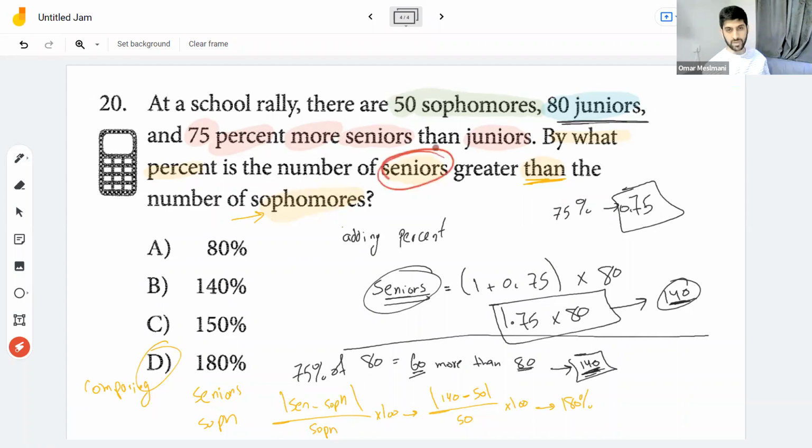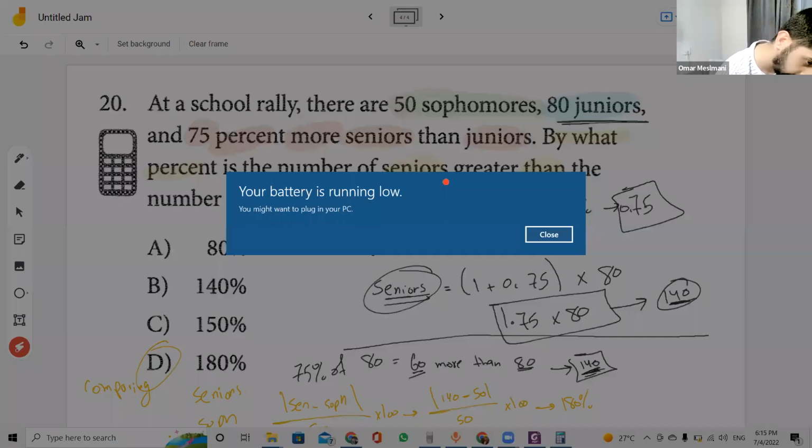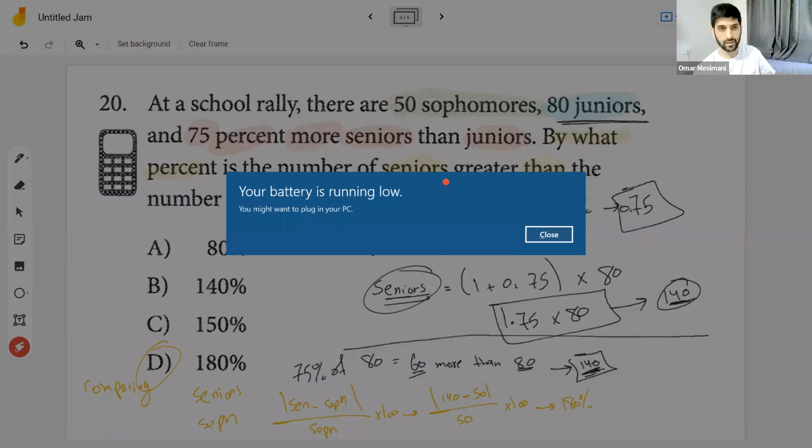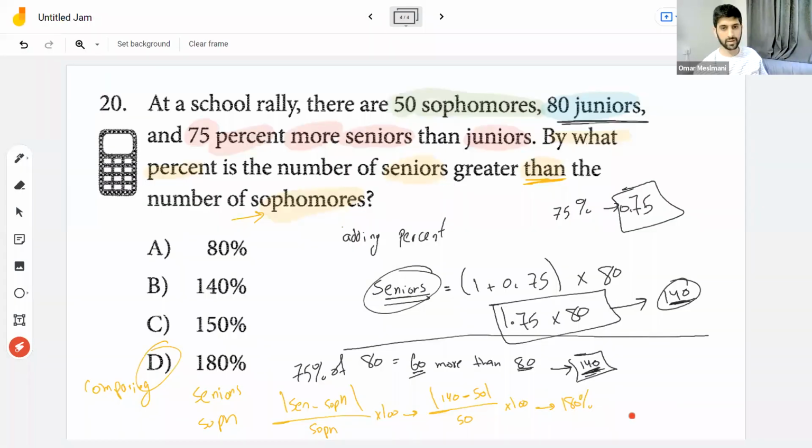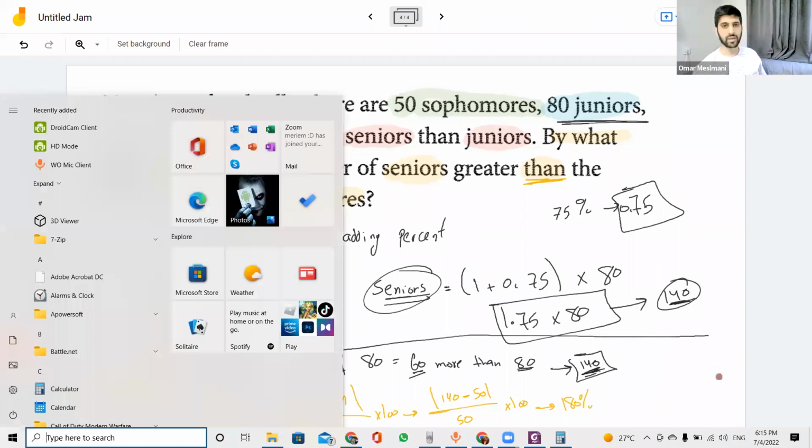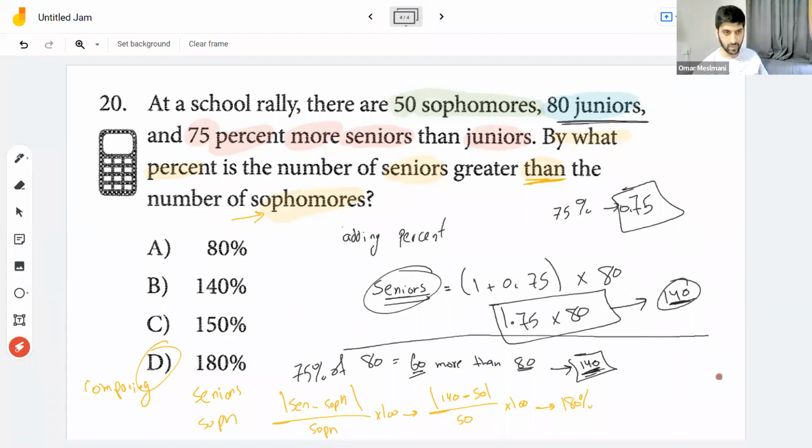How many seniors do we have, Yahya? 140. Hello? Can you hear me? It's actually my battery going low. Okay, I plugged it in. Sorry. Tell me again, why the 50?